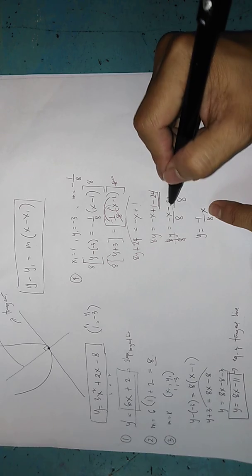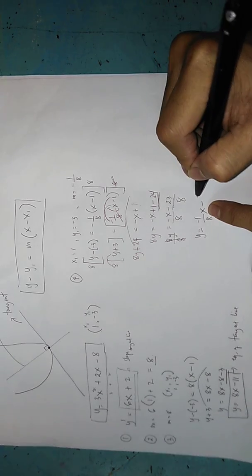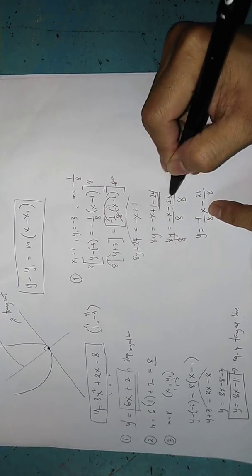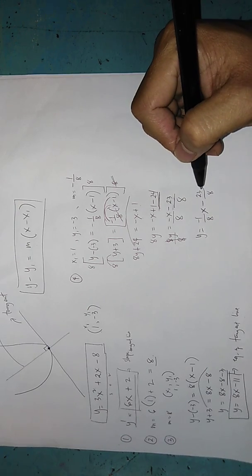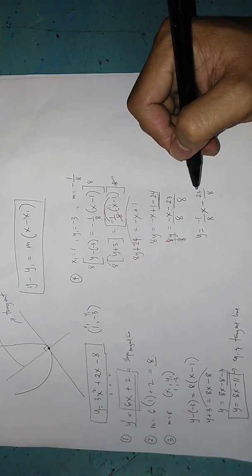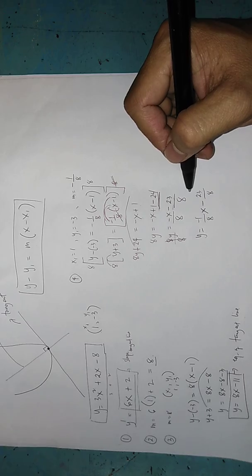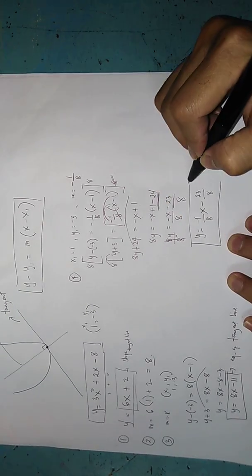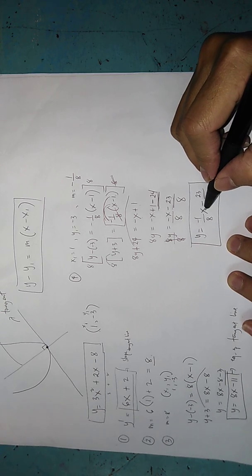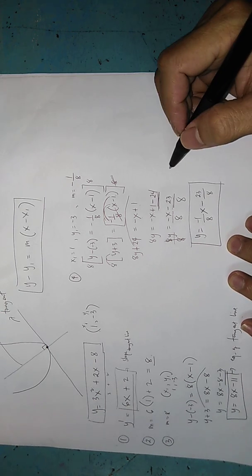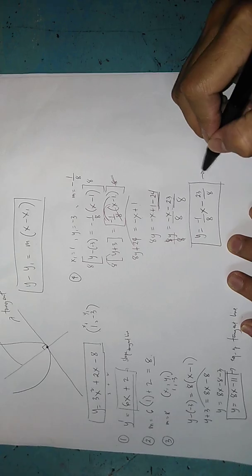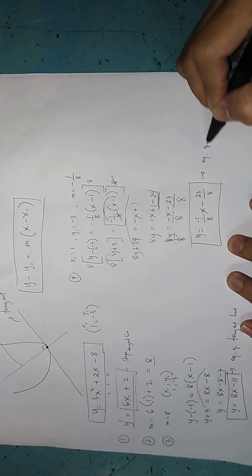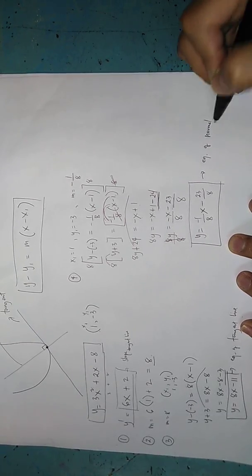Next, minus 23 over 8. Now, pag pwedeng i-simplify, reduce the answer to lowest term. But in this case, wala na. So, as it is. So, the final answer is y equals negative 1/8 of x minus 23 over 8. That is the equation of the normal line.